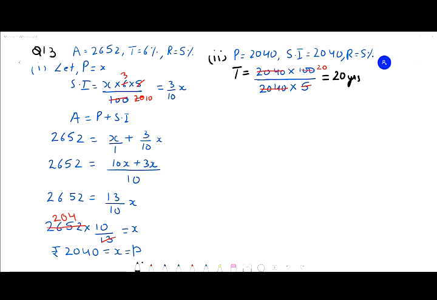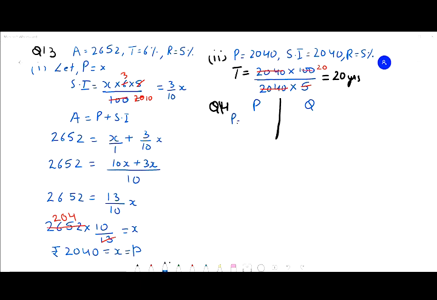Coming to the question number 14. This is very, very interesting. They are saying two persons are there, P and Q. Now, what is going on? Their principal is different.